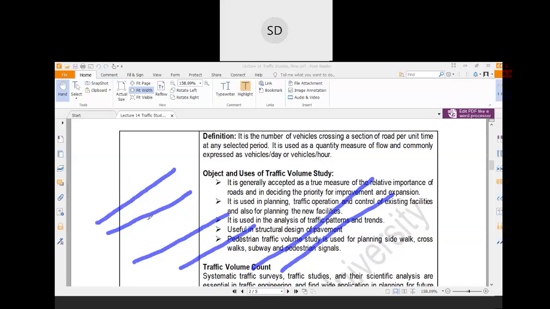So in this way, traffic flow studies will enable us to prioritize our sections of road and allocate different resources to that particular road section to improve it.